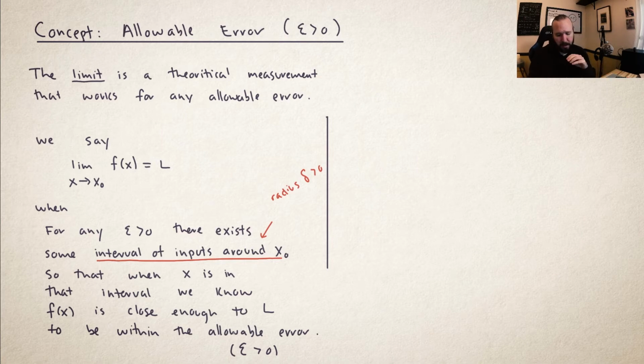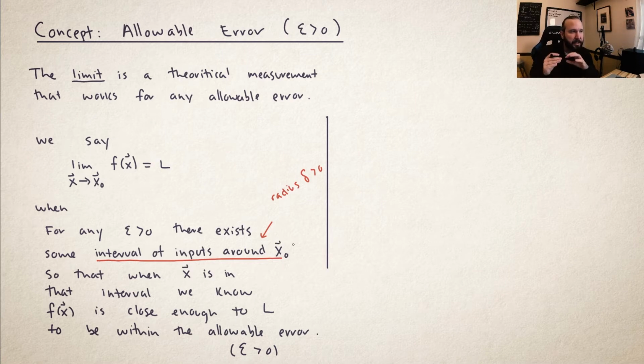Also, I've written down the definition as though it's a function of a single variable. But if you're in multivariable calculus, then you can absolutely allow these objects to be vectors, and then the definition just copies the same.